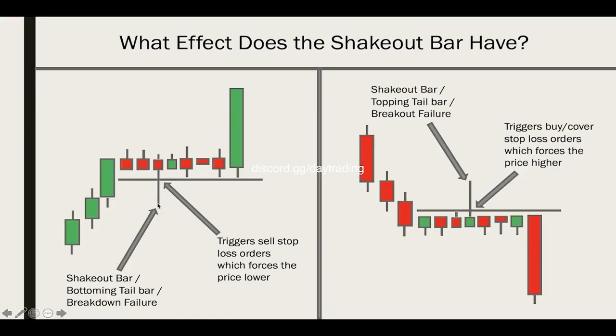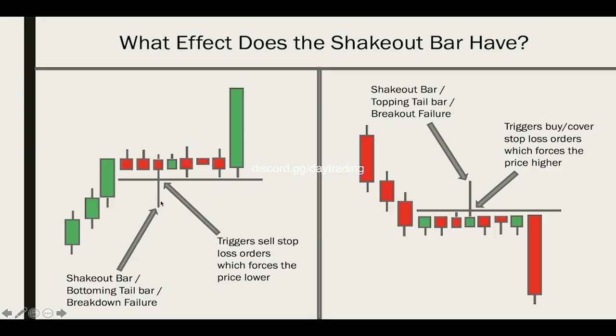But despite us dropping all the way out and breaking down out of this bullish base, if we end up rallying right back higher, that is confirmation that this stock or crypto is indeed bullish and we will continue higher. This is showing you that the buyers are not allowing this stock or crypto to continue lower.